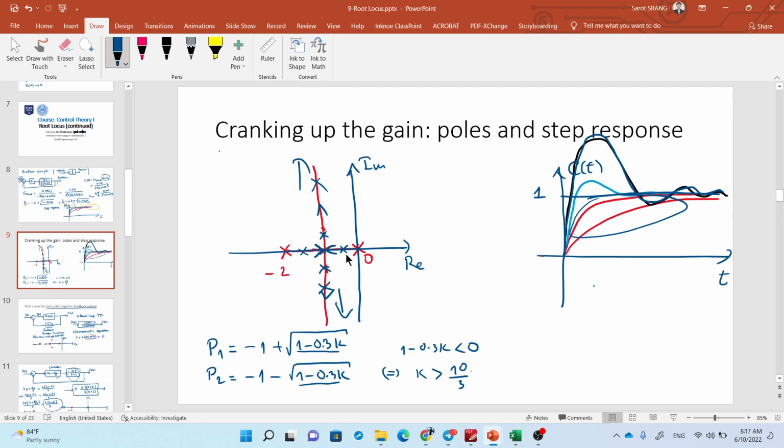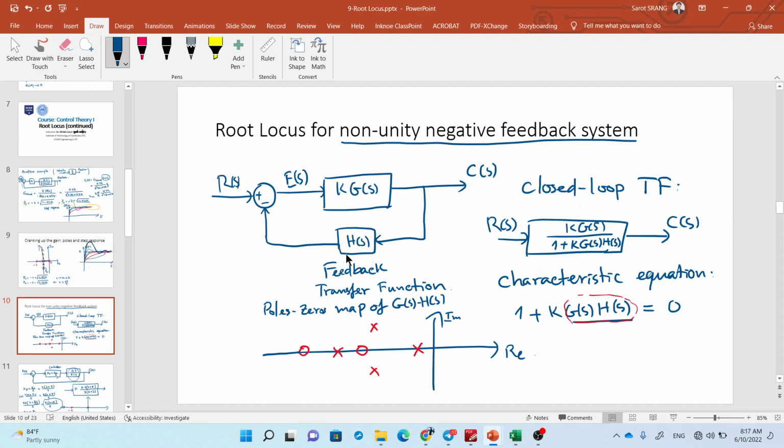This lecture is to give you some sketching rules so that you can sketch the root locus. Given the poles and zeros of the open loop transfer function, you can apply the rules to sketch the root locus. The rules are derived from the characteristic equation of the closed loop transfer function.